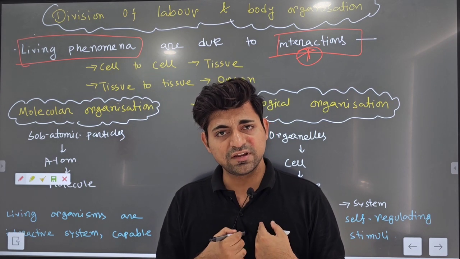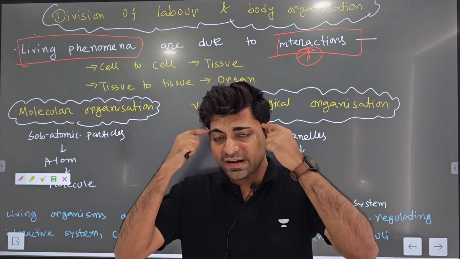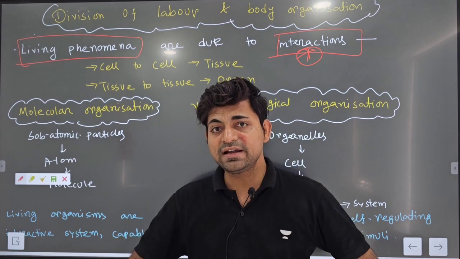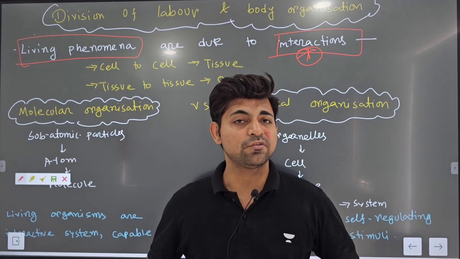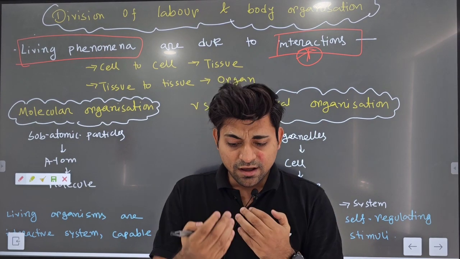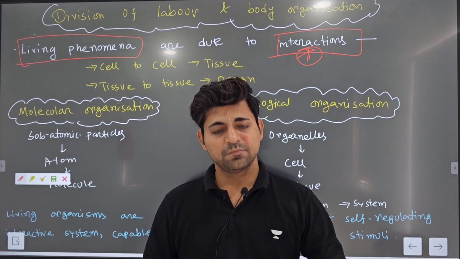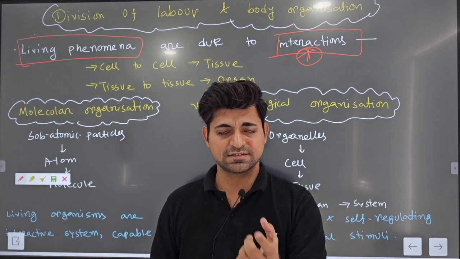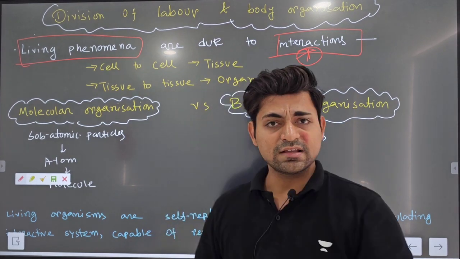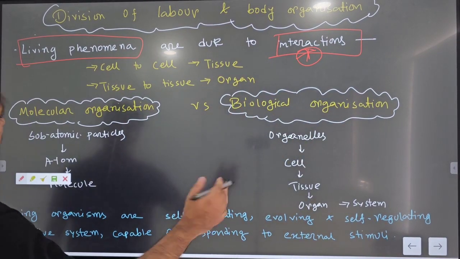Whatever your heart is doing, your lung already knows, your brain knows, your kidney also knows, whatever is going into your heart and your blood vessels. That is called success. If there is no interaction, no communication between cells, organs and organ systems, then you cannot survive, right?